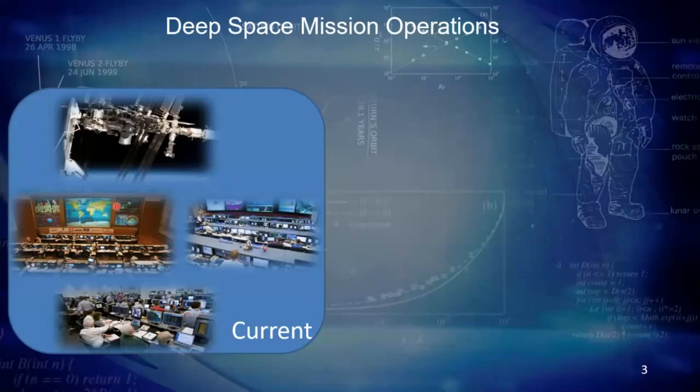In addition to that, the Russians have a control station in Moscow that also monitors the systems. And this is all related to the space station because of the complexity of it.